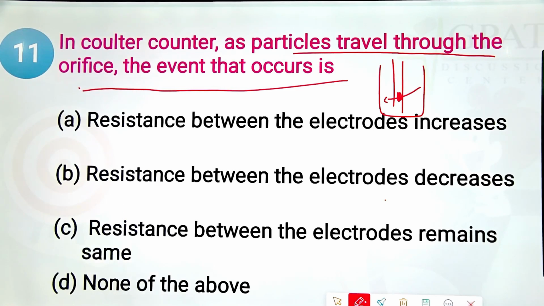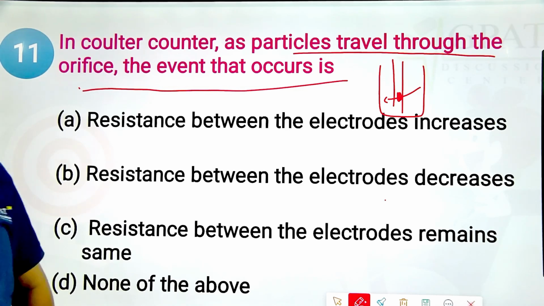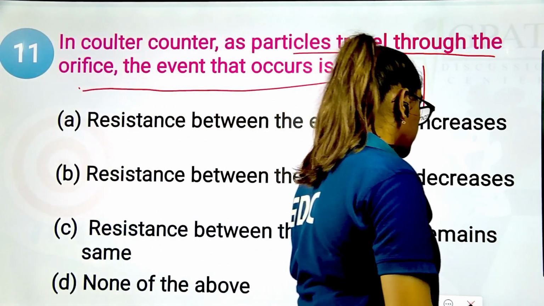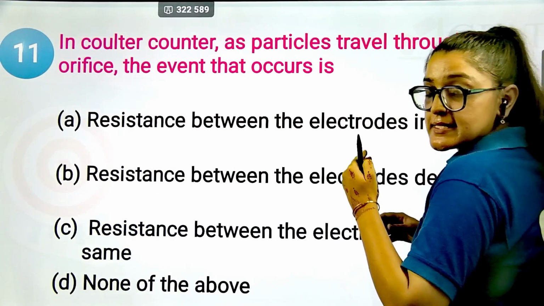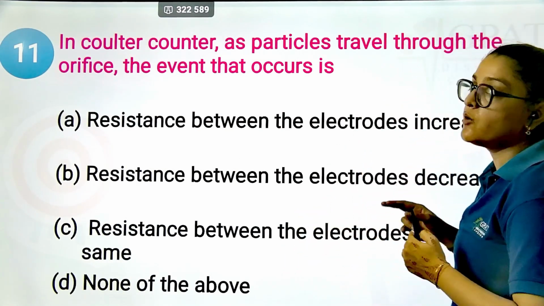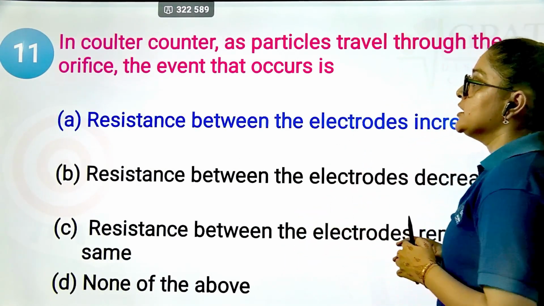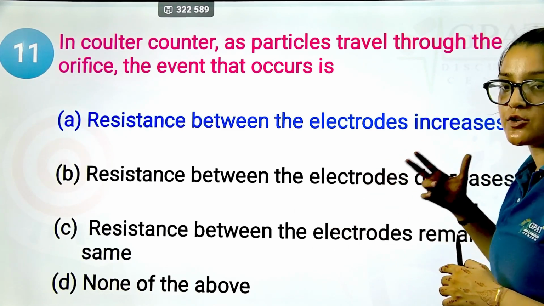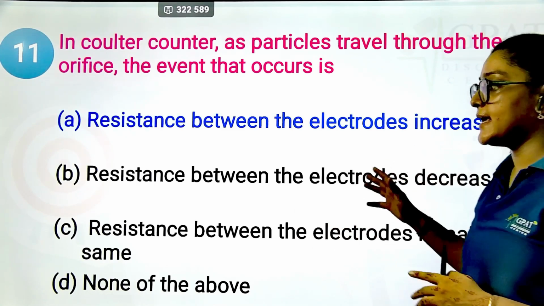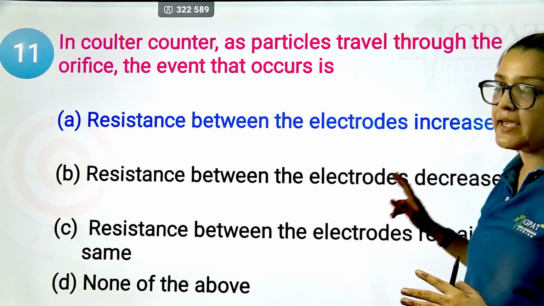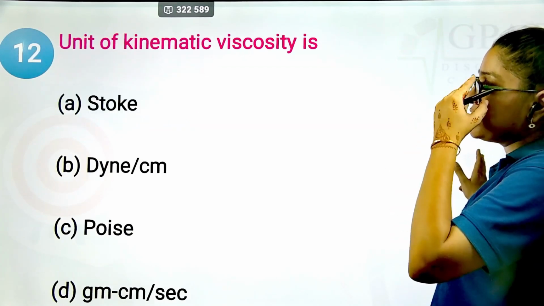So you will be able to clearly tell me that it will be nothing but the change in the resistance, right? The resistance here will increase. This increase in the resistance will give the particle signal that will be noted down and amplified, right? So here the resistance between the electrodes will increase. Option A is definitely correct.